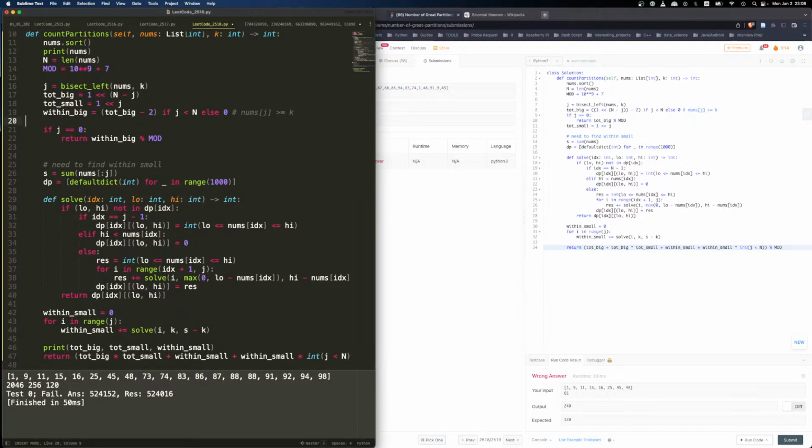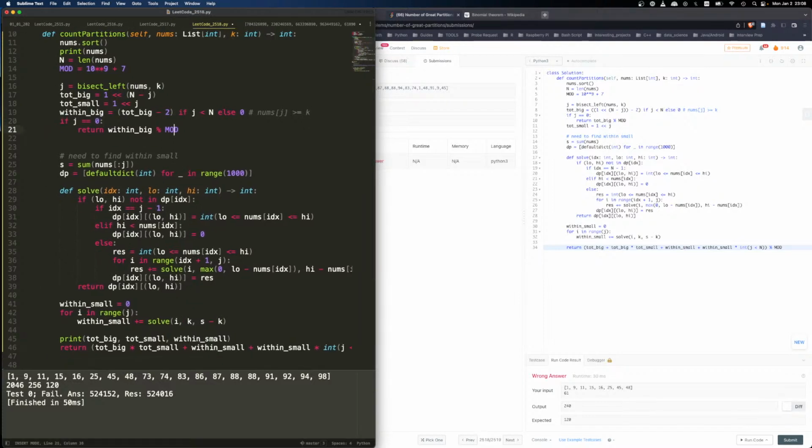And then we have within small, right? Then what we need to do is total big times within small plus within big times total small.